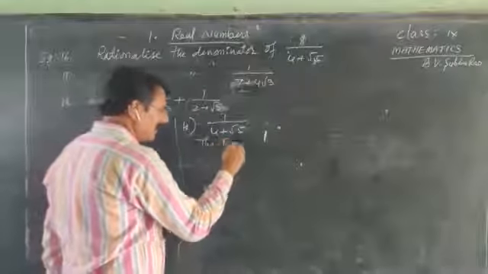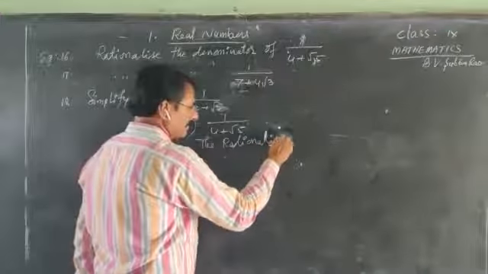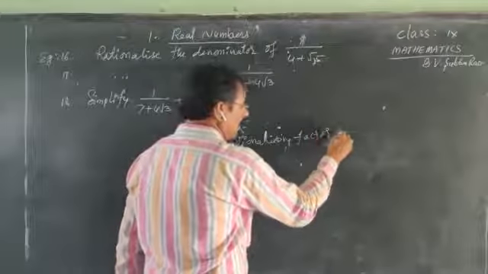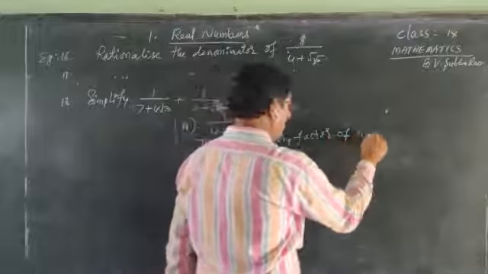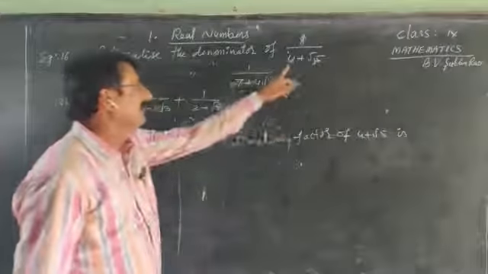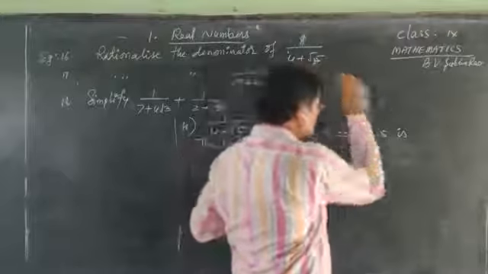The rationalizing factor of 4 plus root 5 is, yes, you observe this one, 4 plus root 5. Just change the sign.